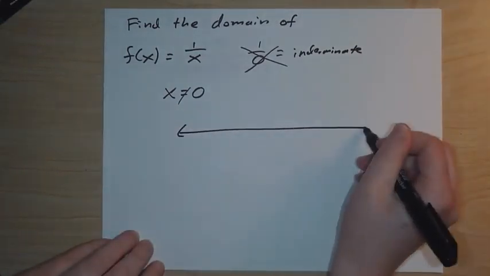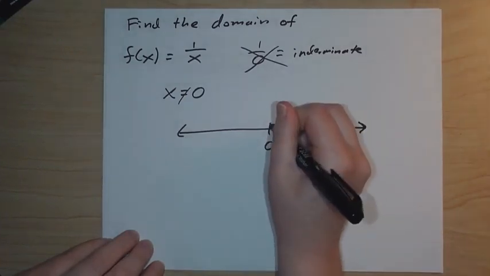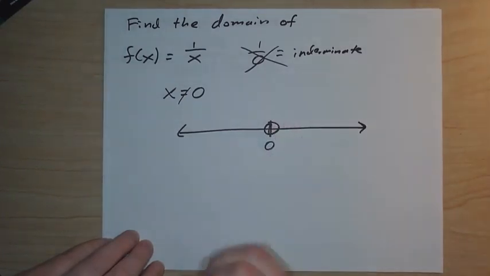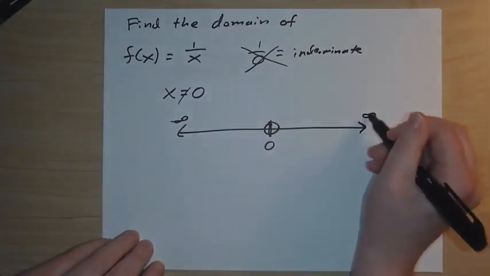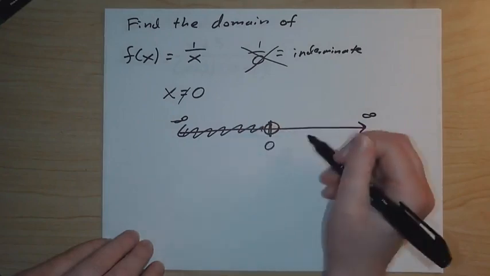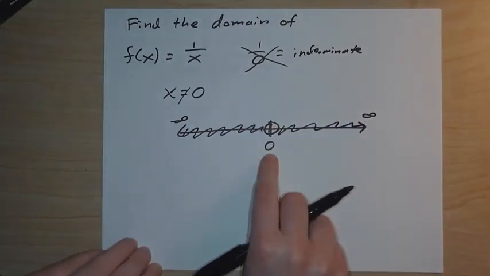So on a number line, here we have 0. It can't be 0, so it's a big open circle. But x can be anything from negative infinity to positive infinity, with the exception of 0.